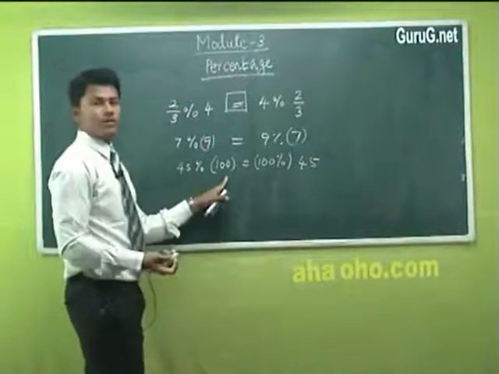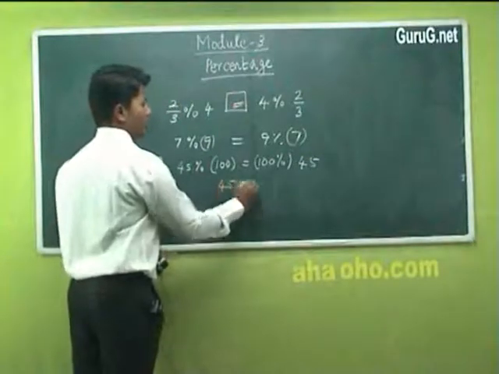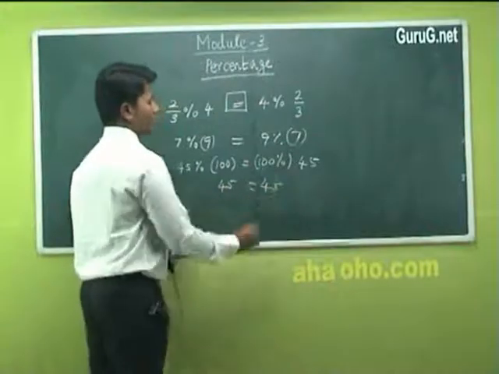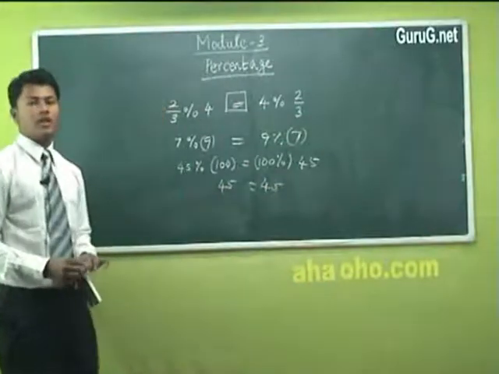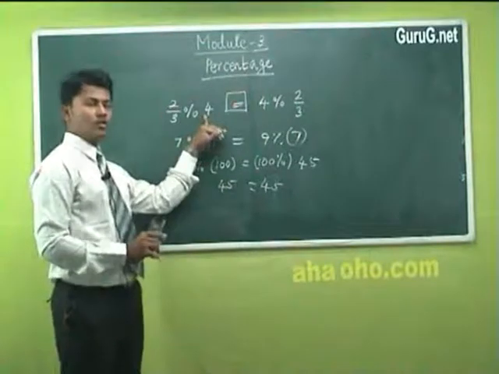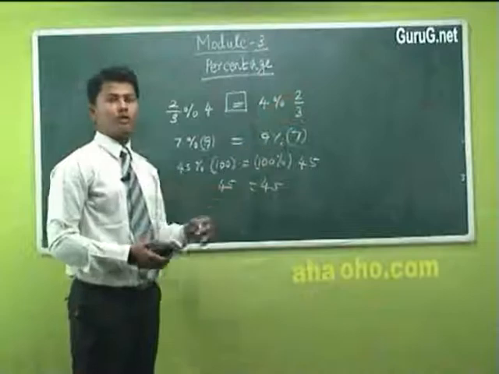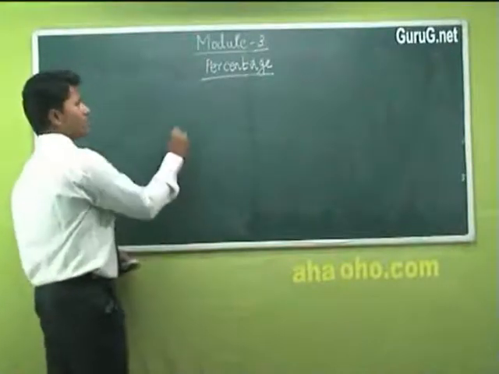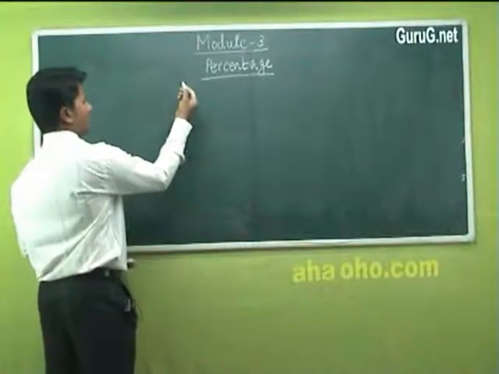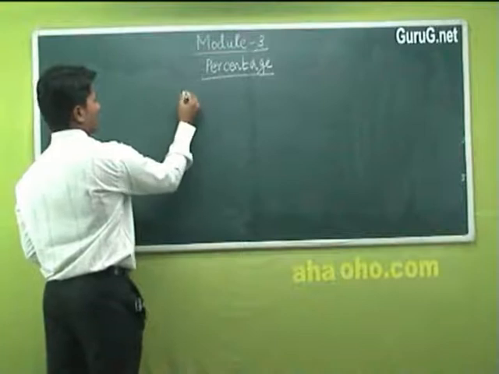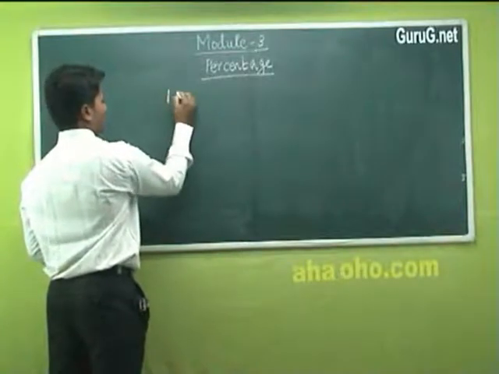What is 45% of 100? It is 45. What is 100% of 45? Completely the value, 45. So 45 will always be equal to 45. So another simple fact to keep in mind is A% of B is always equal to B% of A. Another way of solving problems: say you have 100 apples.